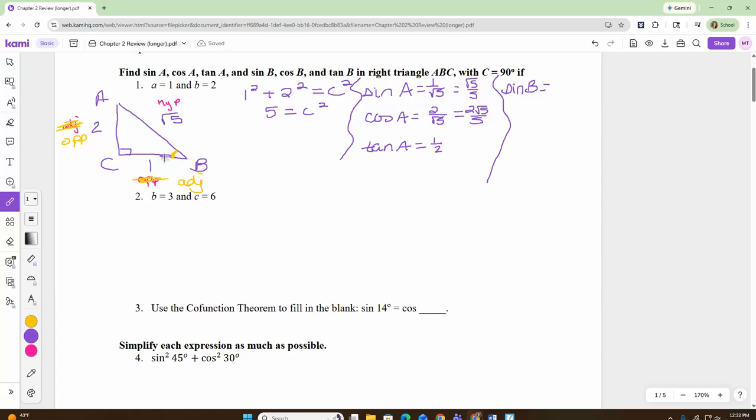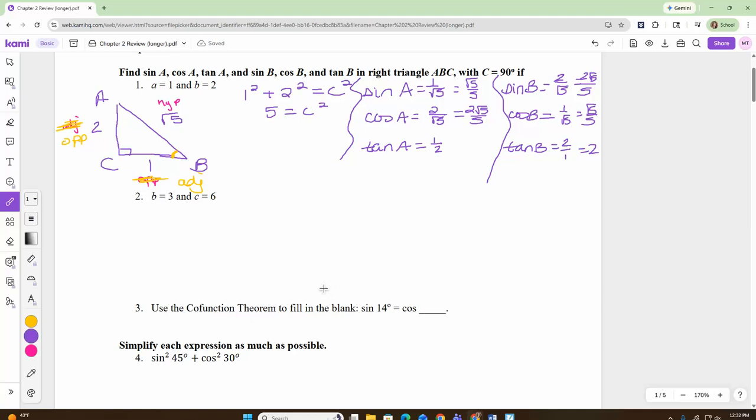So from here, sine opposite over hypotenuse, so 2 over radical 5, or 2 radical 5 over 5. Cosine adjacent over hypotenuse, so 1 over radical 5, or radical 5 over 5. Tangent opposite over adjacent, so 2 over 1 is 2.